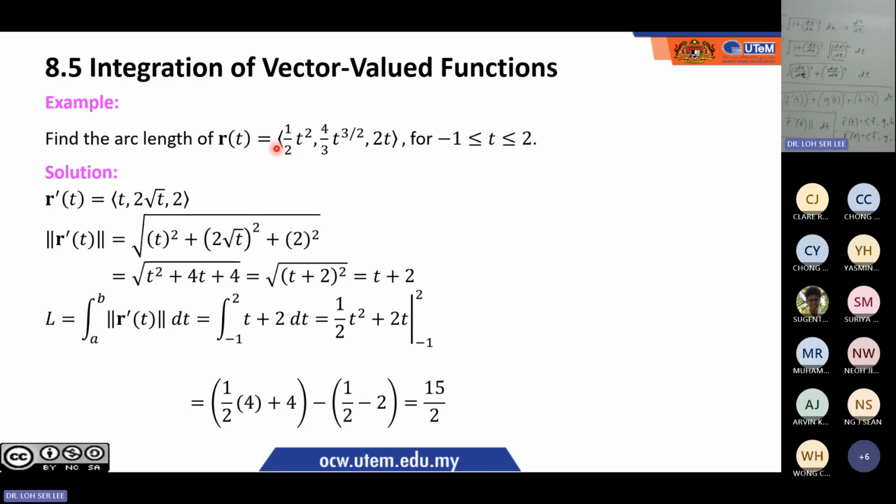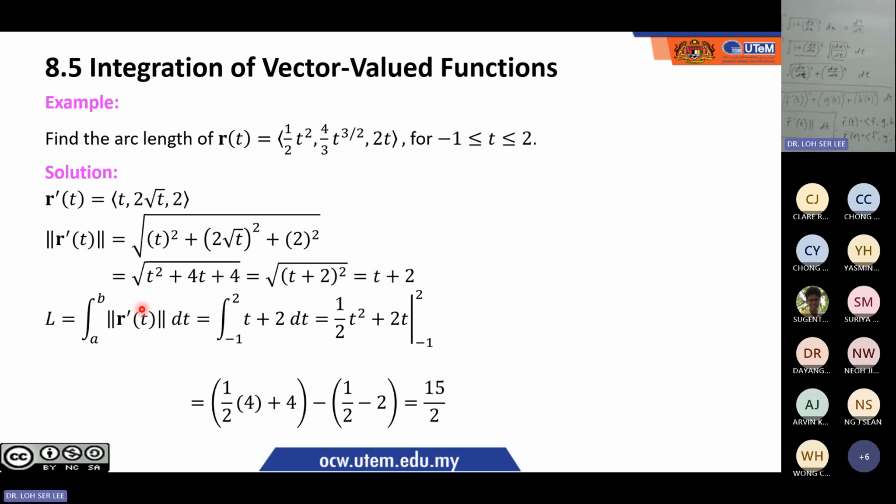Differentiate this one, you get t. Differentiate this one, you get 2 times t. Differentiate 2t, you get 2. Then find the magnitude: you square this, square this, square this, and sum them up in the square root. Simplify, factorize, you get t plus 2.